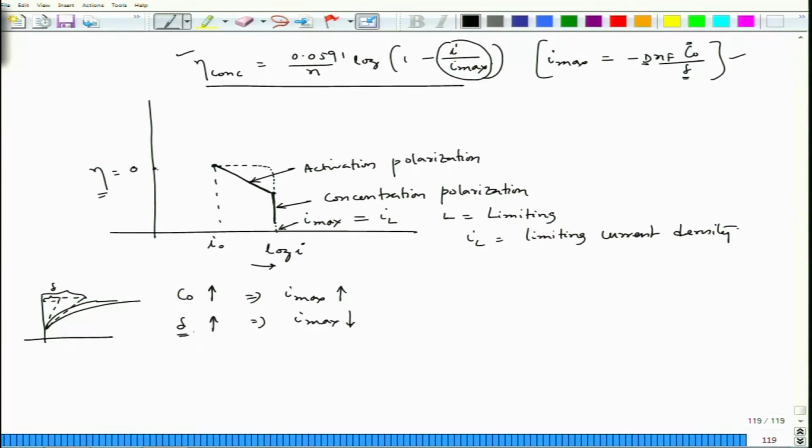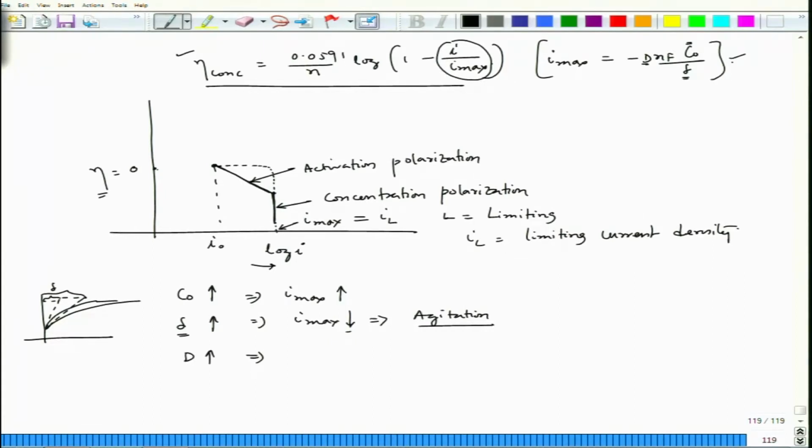And how can we change this delta? Delta can be changed if we incorporate agitation. Agitation means if we churn the solution, we would lead to this kind of situation. Now, if D increases, that means diffusivity increases.